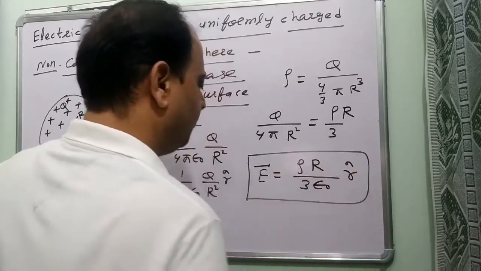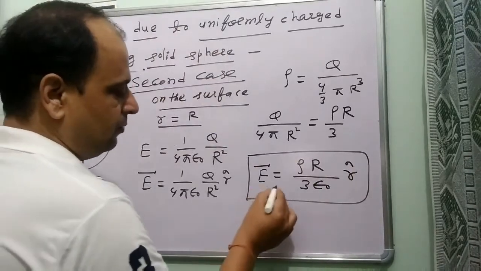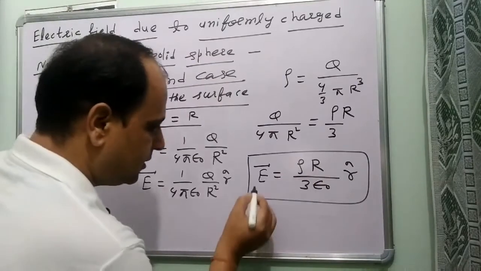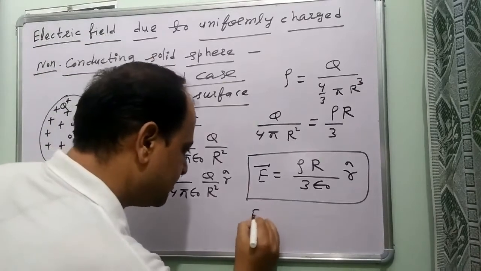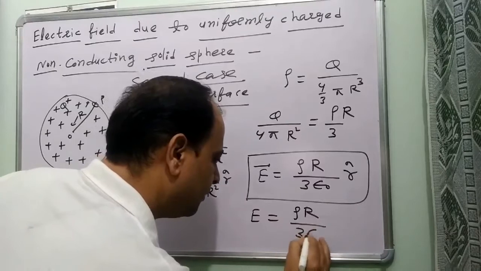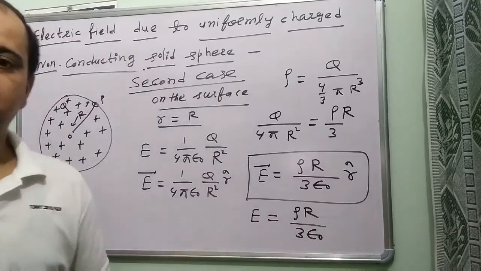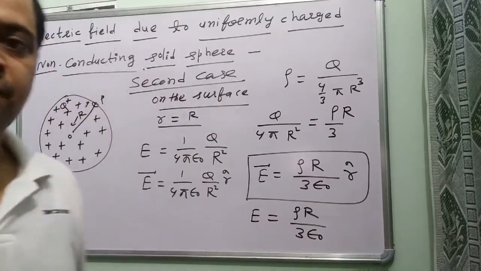This is the formula of electric field in vector form in terms of volume charge density. Written simply, E equal to rho R upon 3 epsilon 0. This is a simple form of the electric field on the surface.